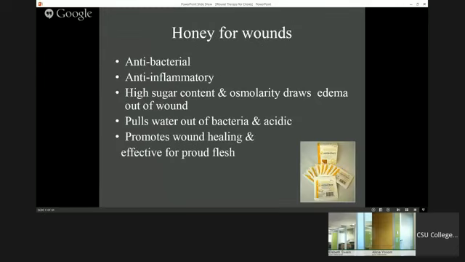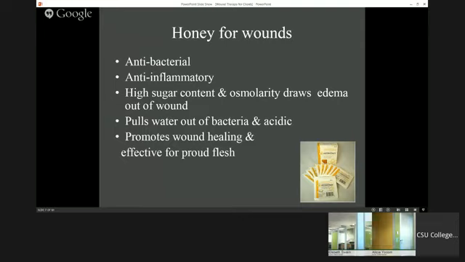A newer concept that has come out in the last 4 or 5 years is using Manuka honey. You can purchase this online or from your veterinarian, and it works in several different ways. It's an antibacterial and works as an anti-inflammatory as well. How it works is the high sugar content and makeup of the product helps draw edema or swelling out of the wound.